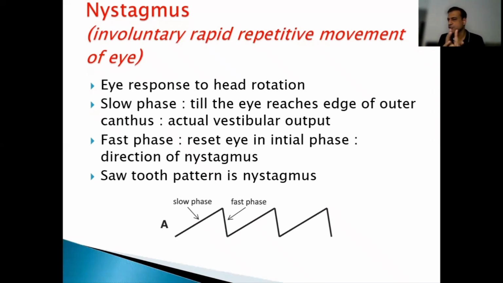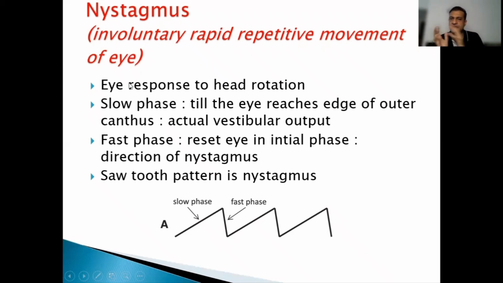So when my head was moving to the right side, first there was a slow movement towards the opposite side. And when this movement cannot be kept, the eye jumps and the corrective movement takes place, which is the fast component on another point. So basically nystagmus is an involuntary, rapid, repetitive movement of the eye.